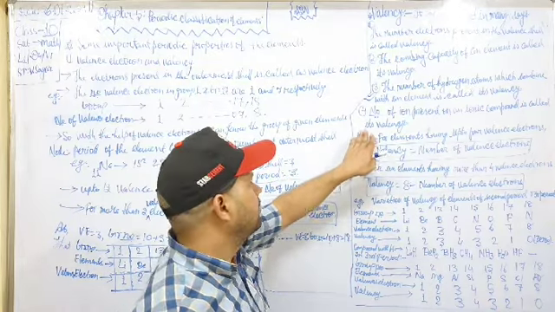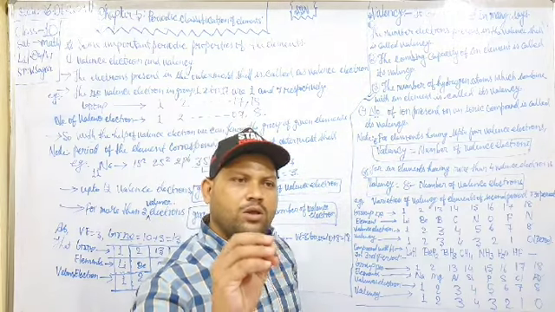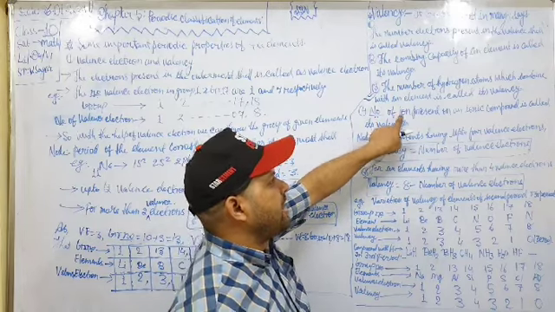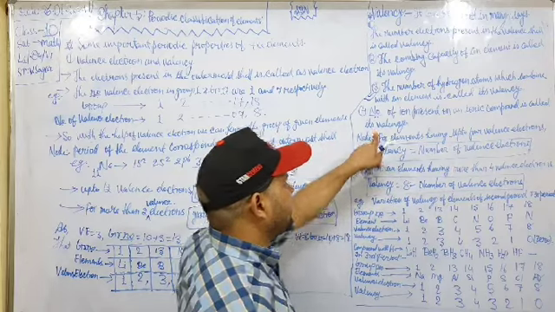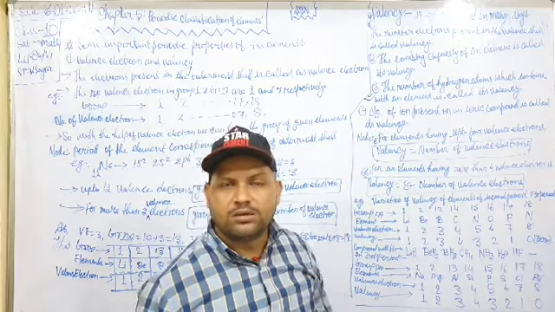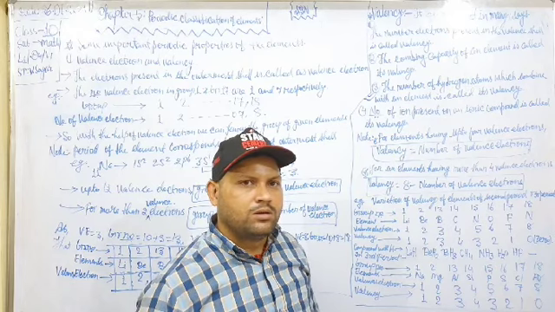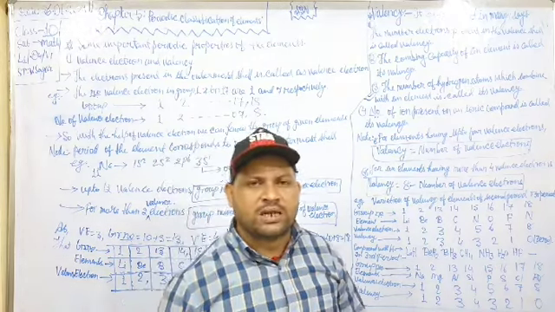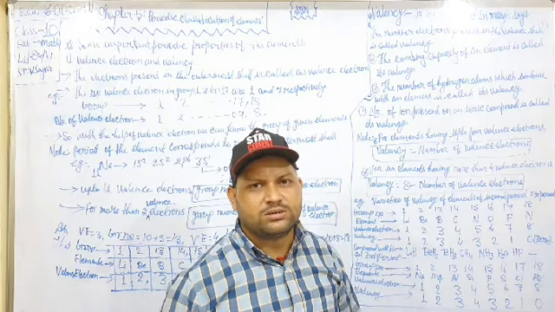Understood? Now proceed. Sometimes the number of ions present on an ionic compound is called its valency. As for example, the sulfate ion, SO4.